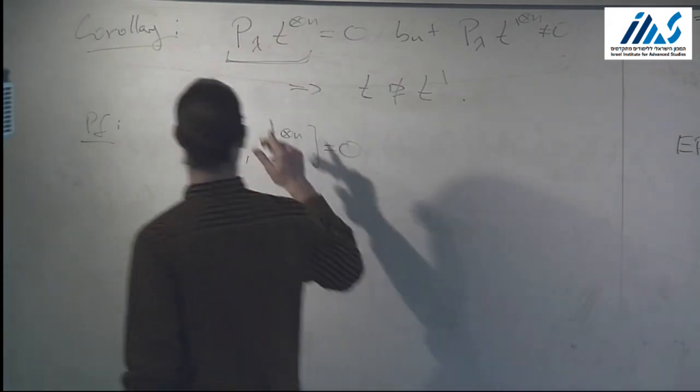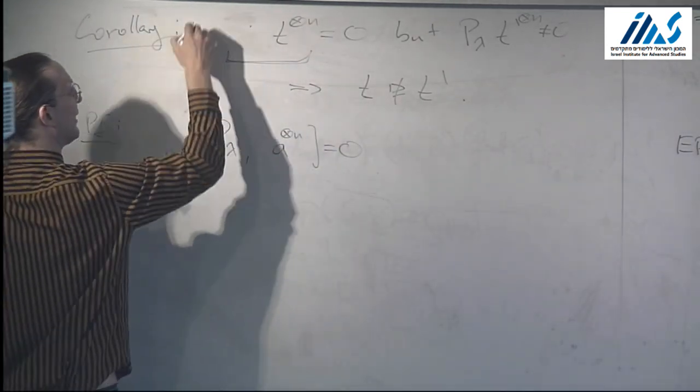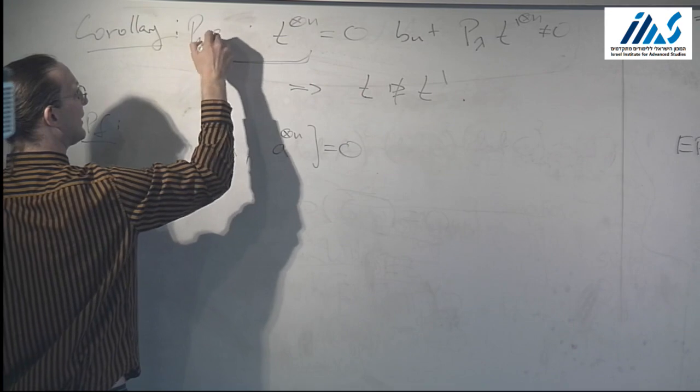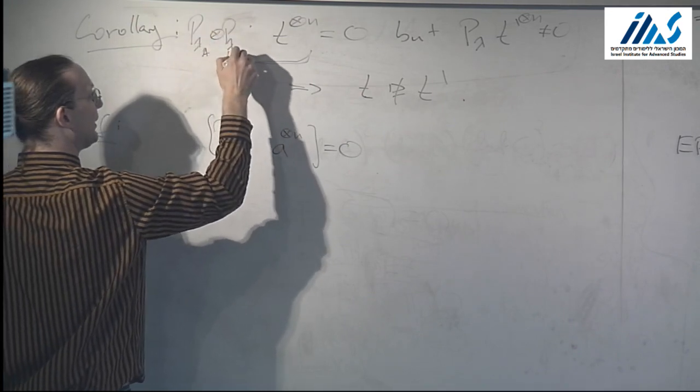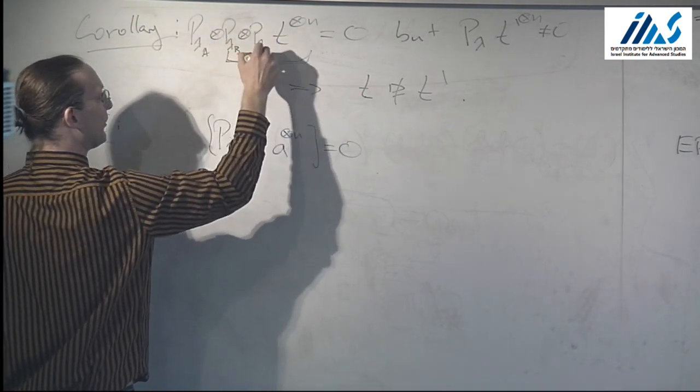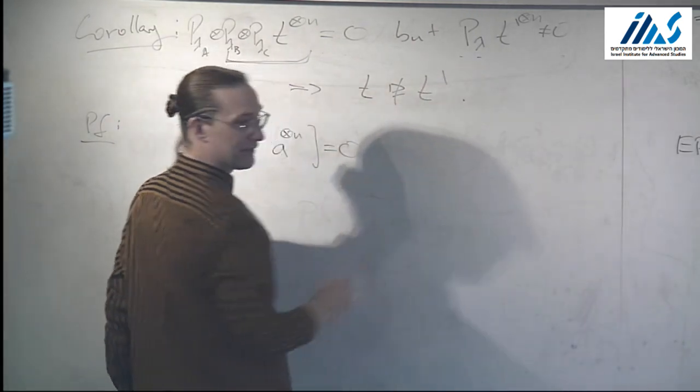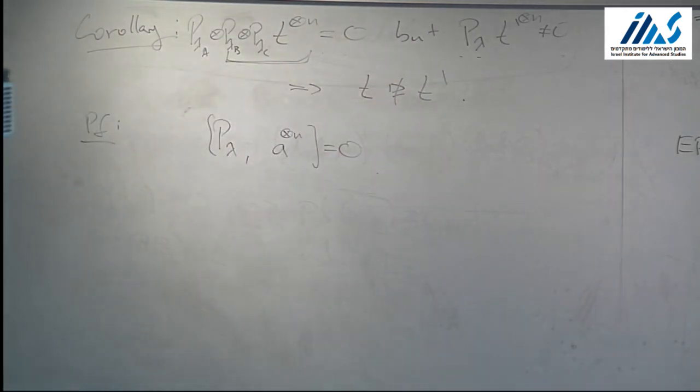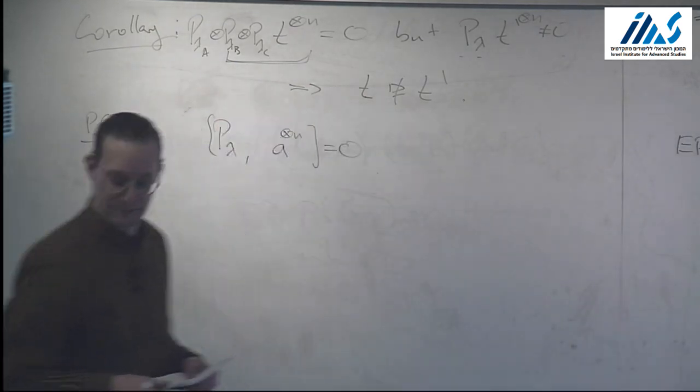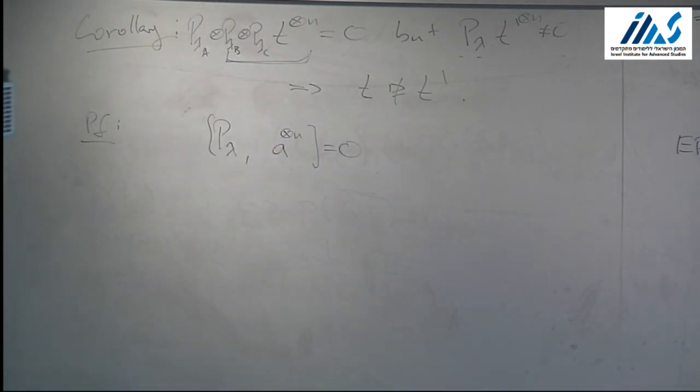So when I write p lambda, what I really mean is p lambda A tensor p lambda B tensor p lambda C, and the same here. It's always a triple of diagrams that act. Makes the notation a little heavy, but okay. You happy?